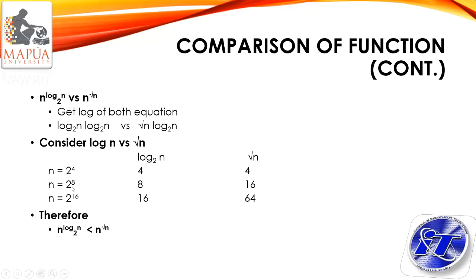But how about if n is equal to 2 raised to 8? For log n, it's 8. But for square root of n, it's 16. While for 2 raised to 16, log n will give us 16. Square root of n, it will give us 256. Based on this, log n is smaller than square root of n. Therefore, n raised to log n is less than n raised to square root of n. So this is a better growth rate compared with n raised to square root of n.